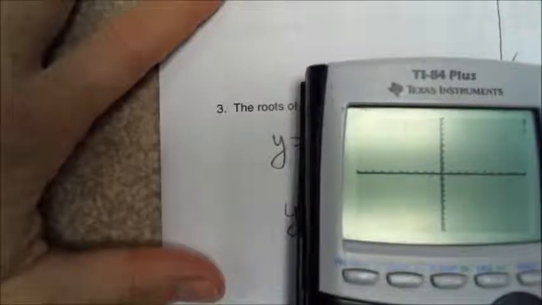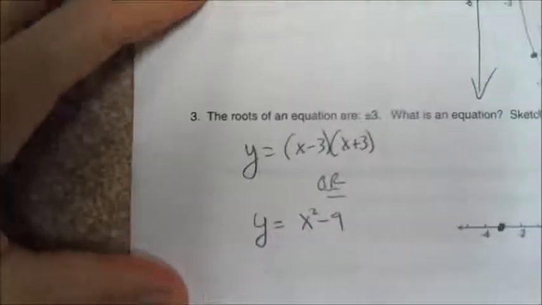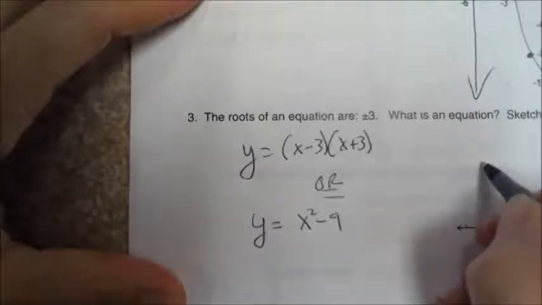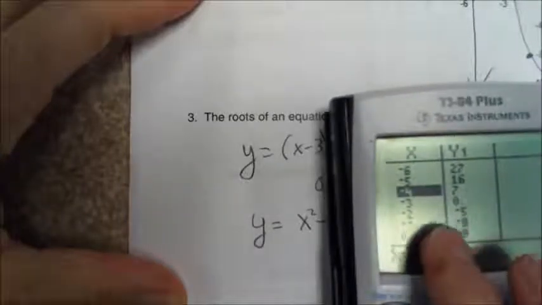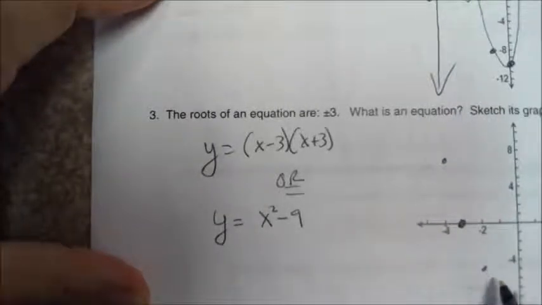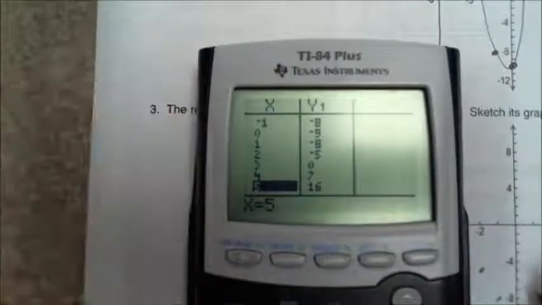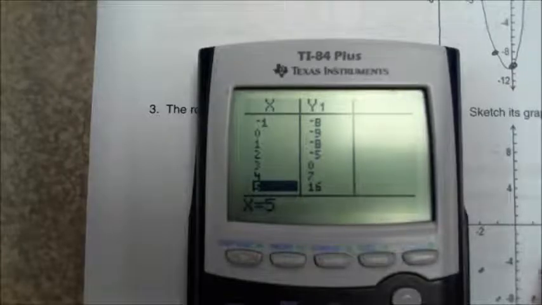So let's take a look at that graph. Let's take a look at the table of values. What do we have? We have negative 4, 7, negative 3, 0, we knew that. Negative 2, negative 5, negative 1, negative 8, 0, negative 9. 1, negative 8. 2, negative 5. 3, 0, we knew that.